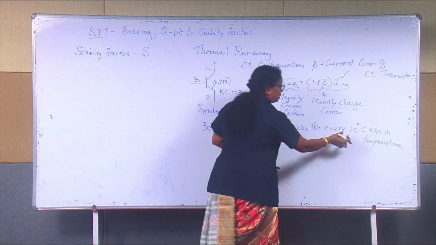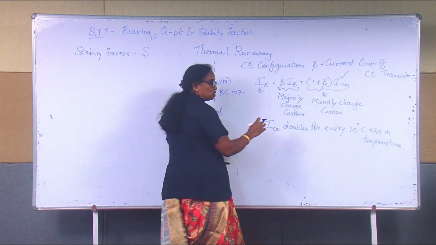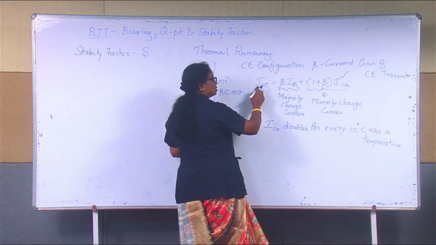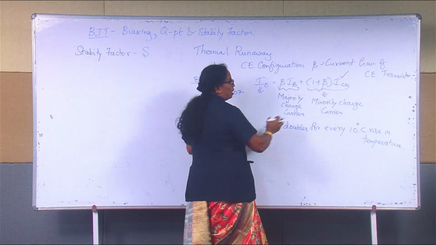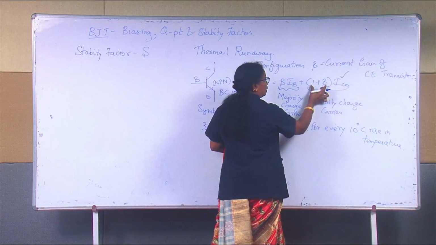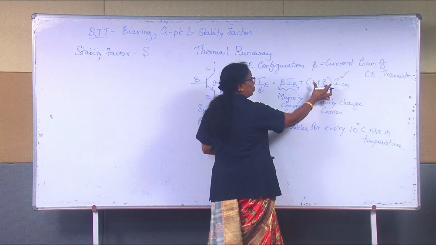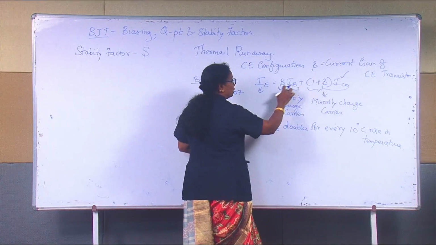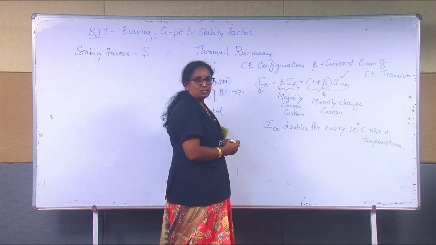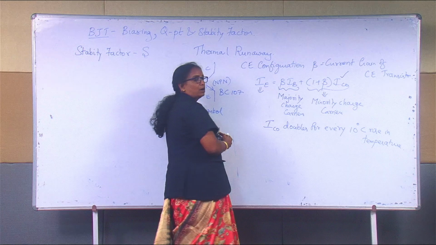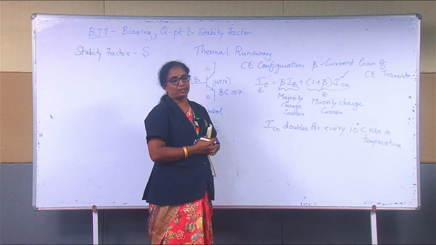So if I have a 10-degree rise in temperature, this ICO doubles. If you see this equation, if it is doubled, that will be multiplied by 1 plus beta, which gets added to the current that is due to majority charge carriers. So you will have high impact over the total emitter current.